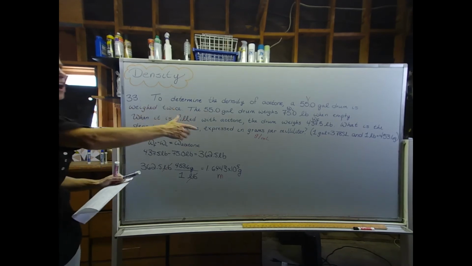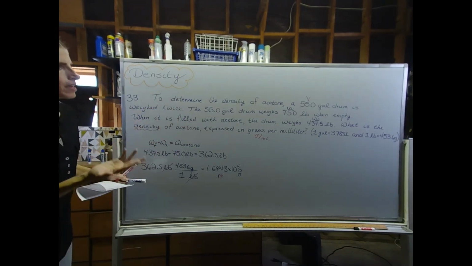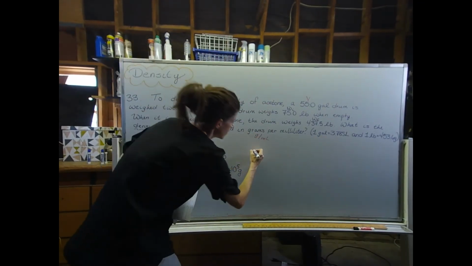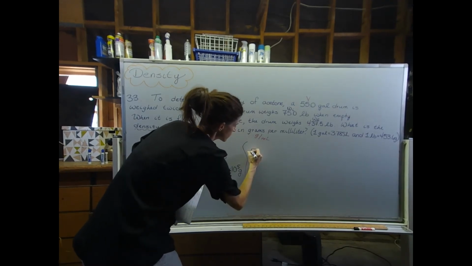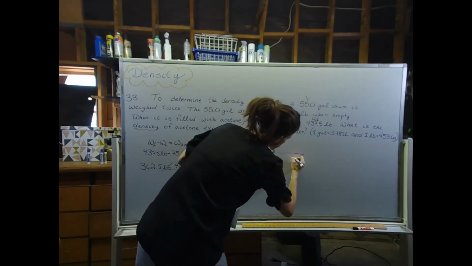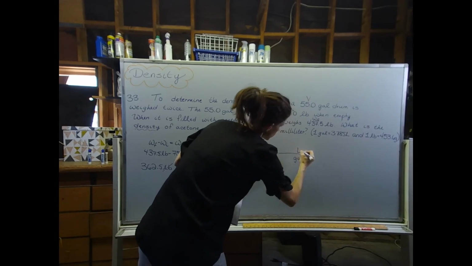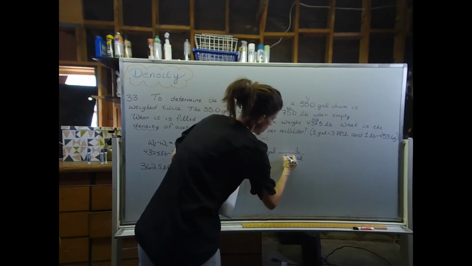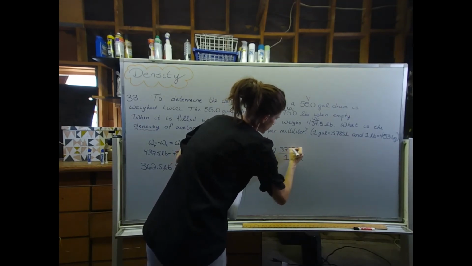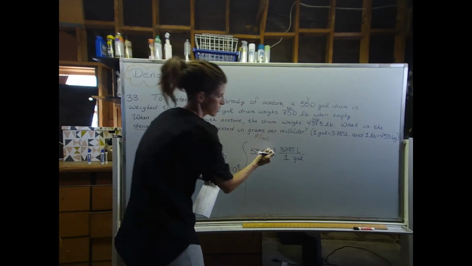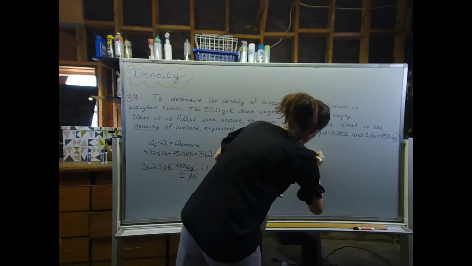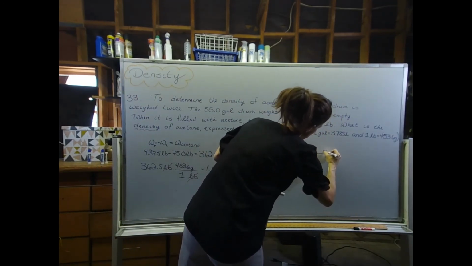Next problem. The volume is in gallons. I need my volume in milliliters. Again, they gave us a conversion to use, so let's start with that. 55.0 gallons, and I want to get rid of gallons. And I'm going to go to liters. 1 gallon has 3.785 liters. Gallons cancel with gallons. Let's take it one step further. Let's go to milliliters. So I'm getting rid of liters and going to milliliters.